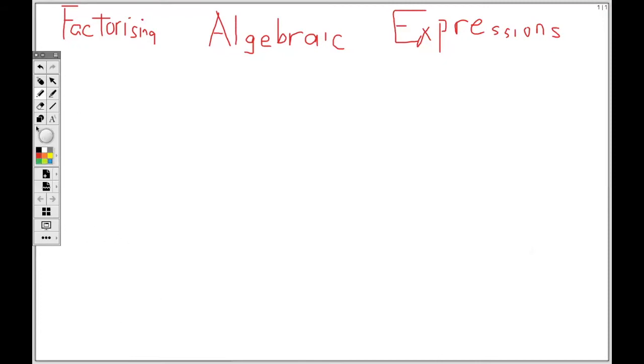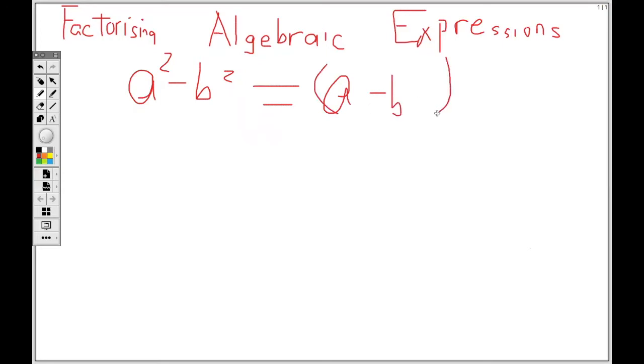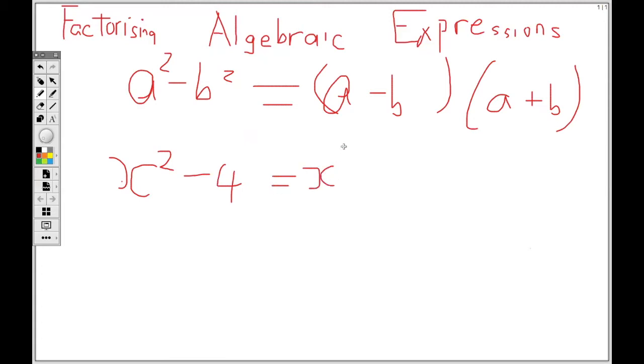Now, let us look at difference of two squares. So factorizing when we have difference of two squares, the general formula is a squared minus b squared is equal to a minus b and a plus b. So if we have x squared minus 4, to get the b squared, the 4 is a perfect square.